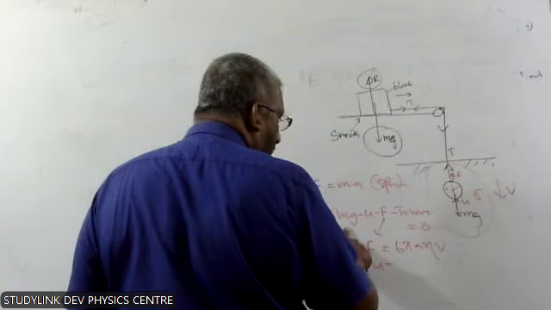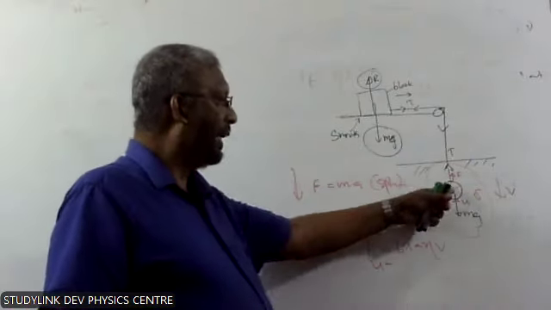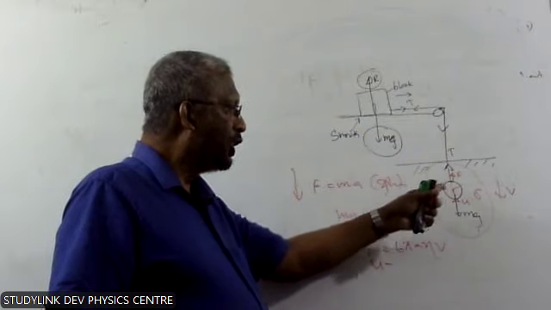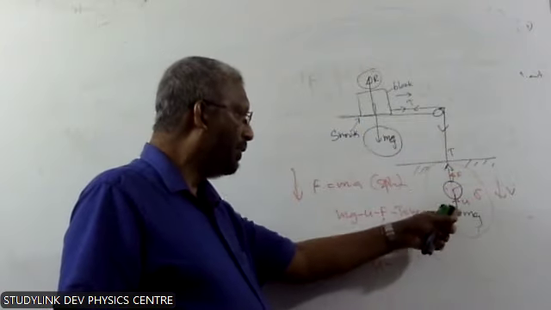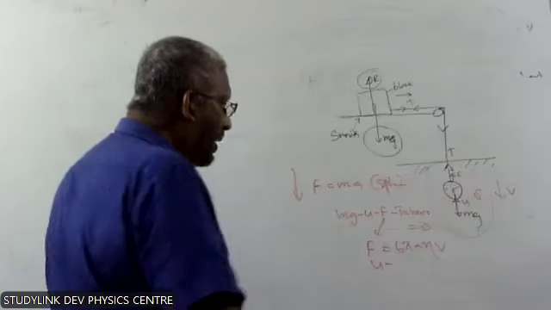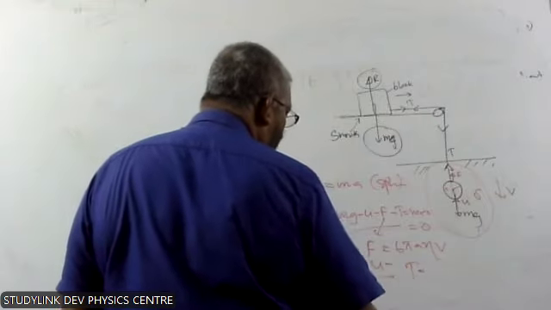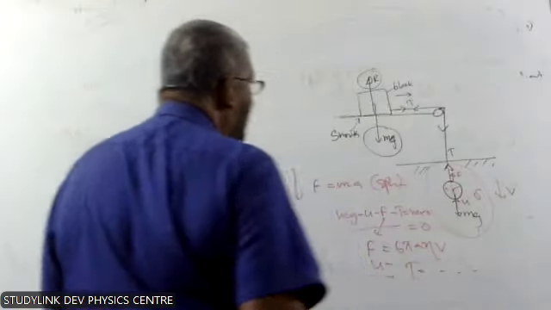Sometimes mass is given directly. Sometimes they give the radius and the density of the sphere material, then you can find m and do the question. But here, from this, we can make T the subject. T is equal to this.